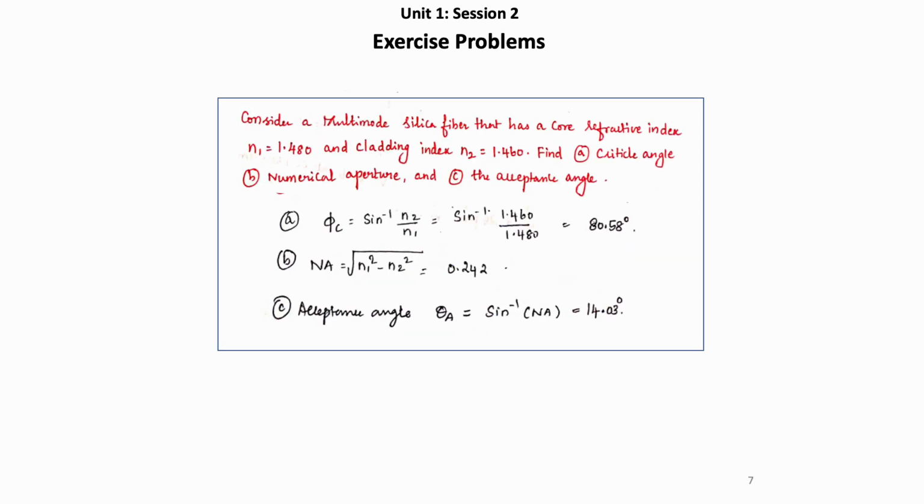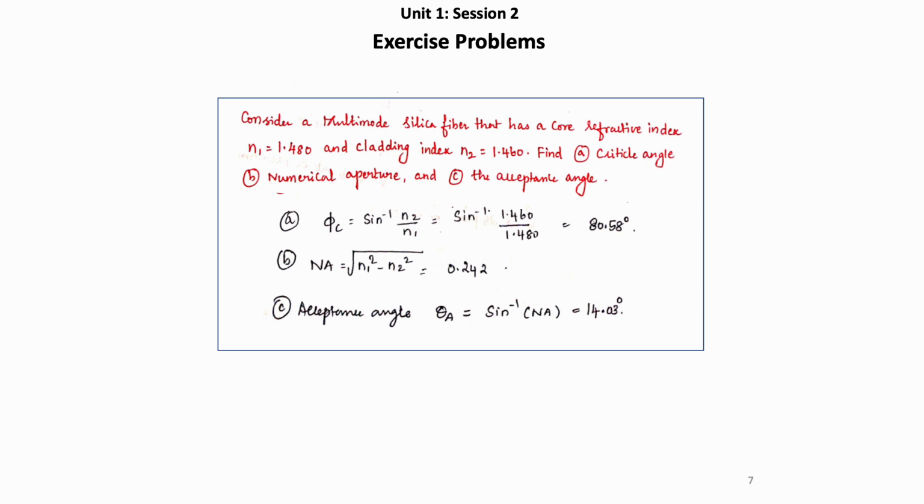The next simple problem: consider a multimode silica fiber that has a core refractive index n1 equal to 1.480 and a cladding refractive index n2 equal to 1.460. They have asked about the critical angle, numerical aperture and the acceptance angle. We know the formula.